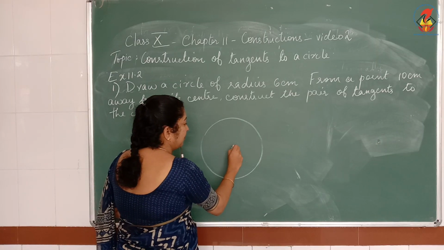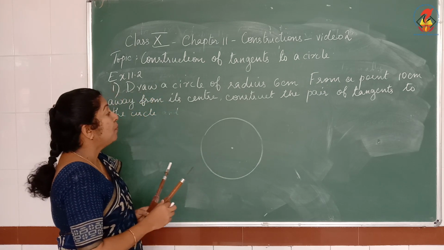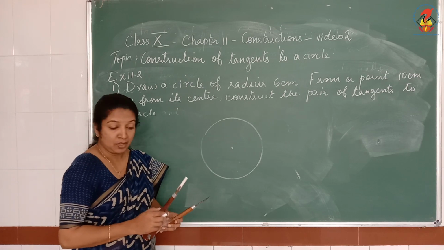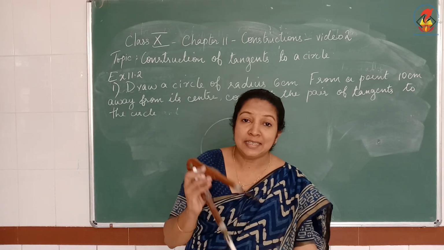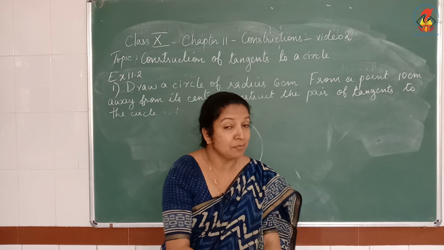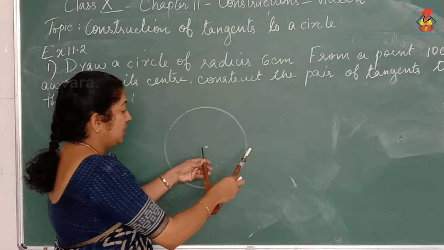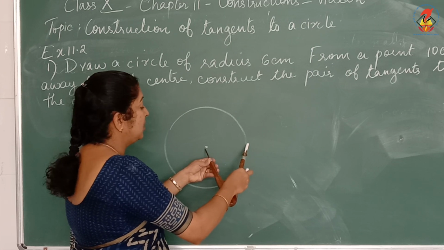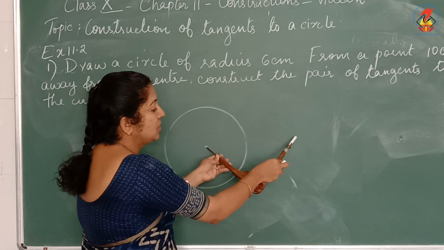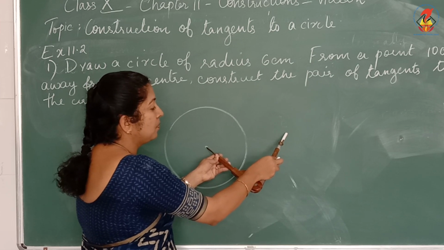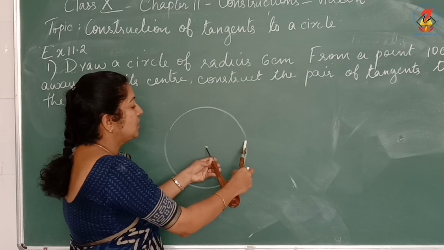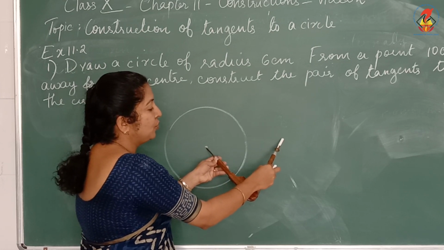This is the center. Then from a point 10 centimeter away from its center, you have to take 10 centimeter into your compasses. I am not taking the correct measurement; I have taken this as 6, but what we need is 10. The radius is 6 centimeter, then 4 more we need.